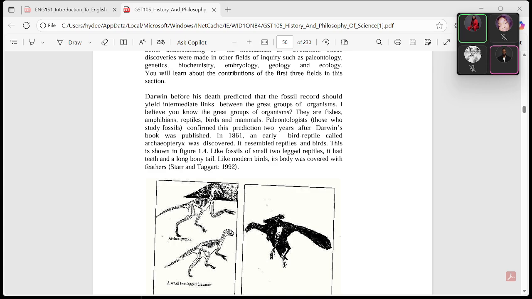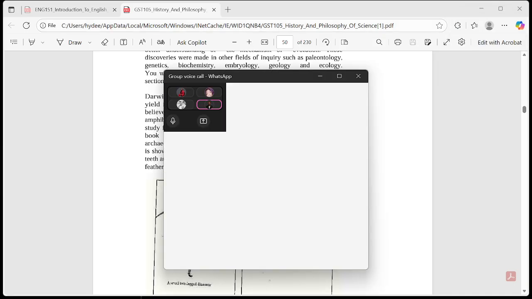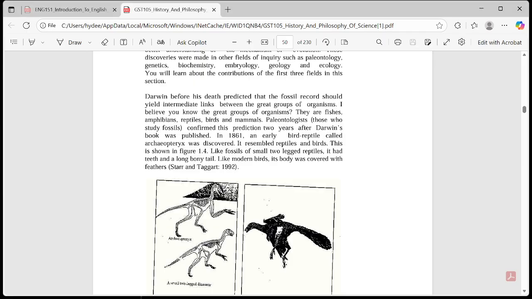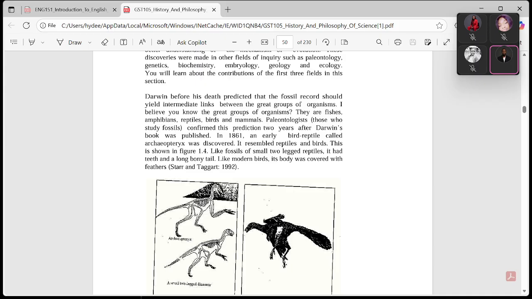Now, genetics. Under the discoveries in other fields, that's evolution after Darwin died. Genetics: the rediscovery of Mendel's law of inheritance.